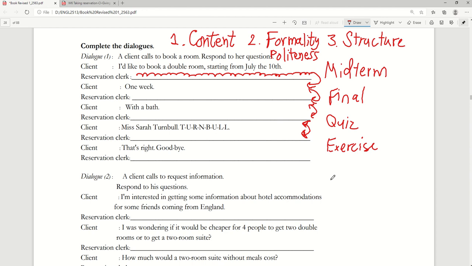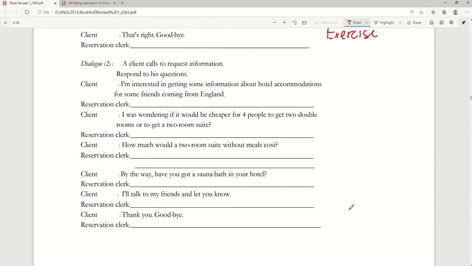Okay, so let me help you. For dialogue number two, the client calls to request information and you have to respond to his questions. "I'm interested in getting some information about hotel accommodations for some friends coming from England."